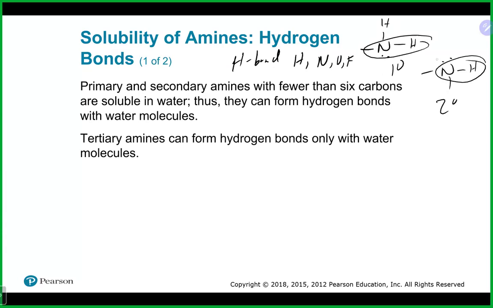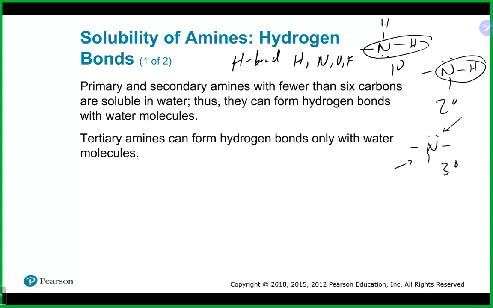So these guys have that ability because they have a nitrogen attached to those hydrogens. But again, when we get to our tertiary amine, it does not have any hydrogens itself, so it can't hydrogen bond, but it can interact with water through there and make a bond between hydrogen and nitrogen with water, so it can still be soluble.